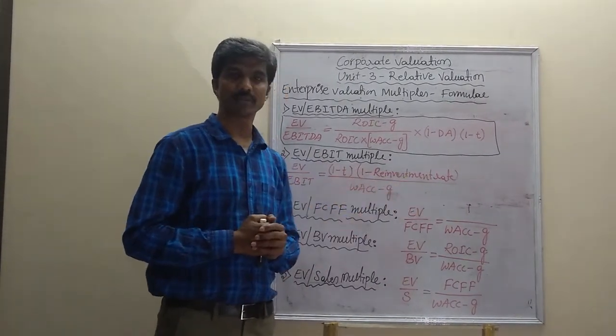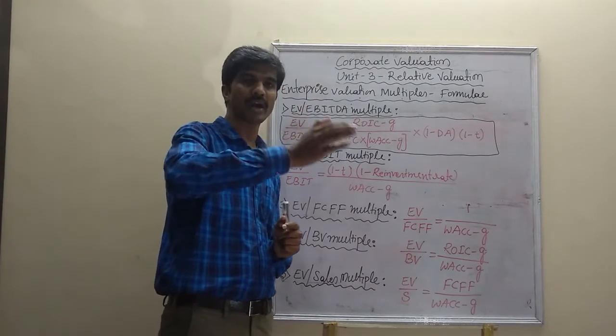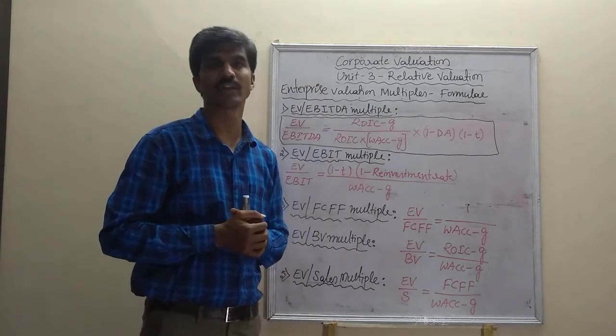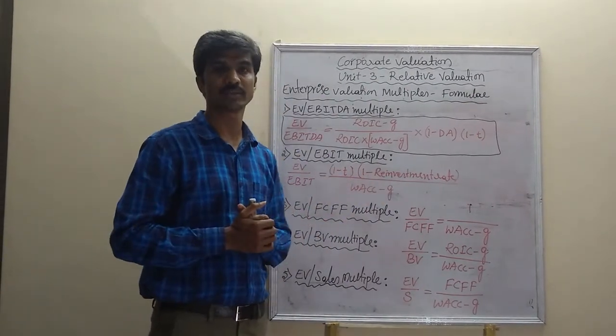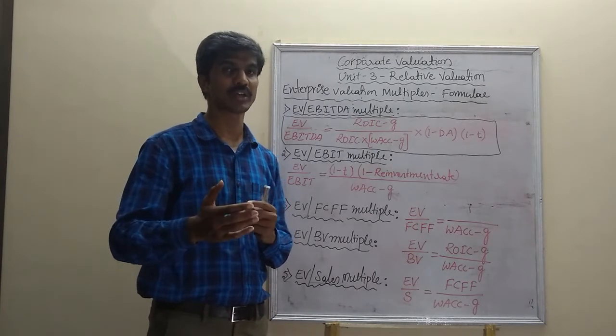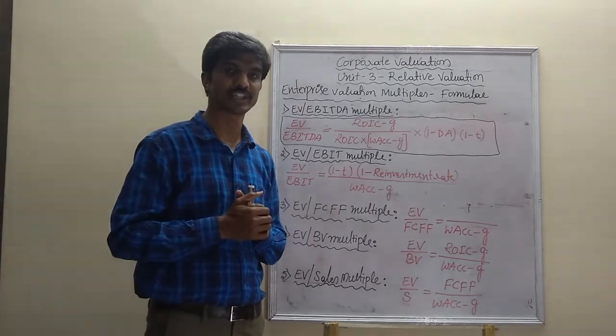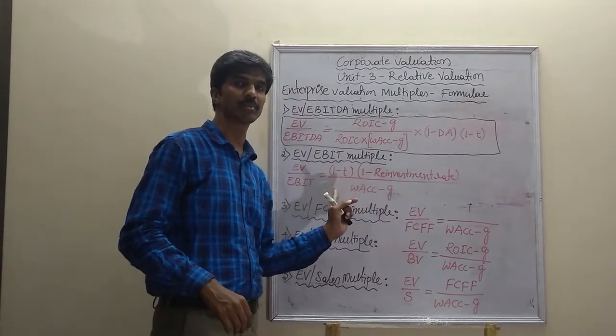Reinvestment rate is nothing but the rate at which the shareholders invest back the income in the company, that is, whatever the dividend payout is and whatever the dividend retention is, the retained amount will be reinvested in the company.